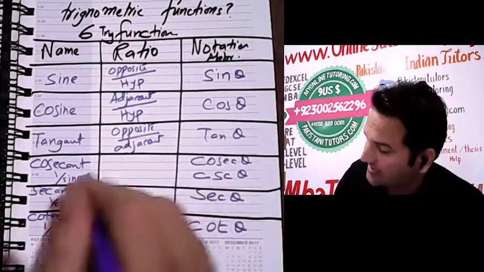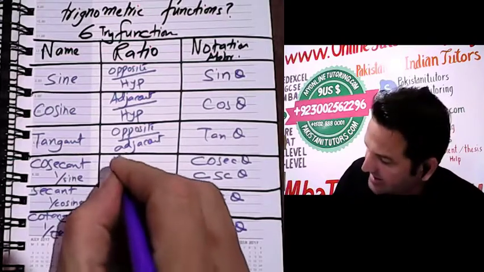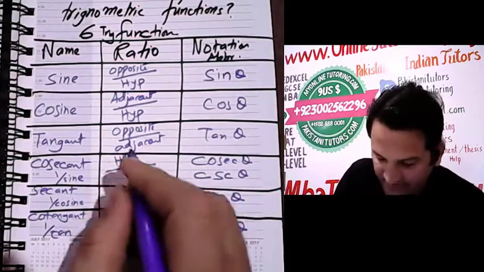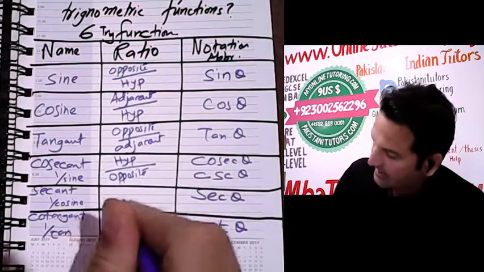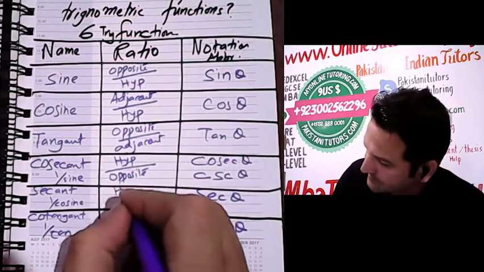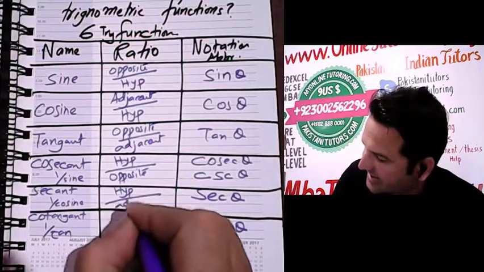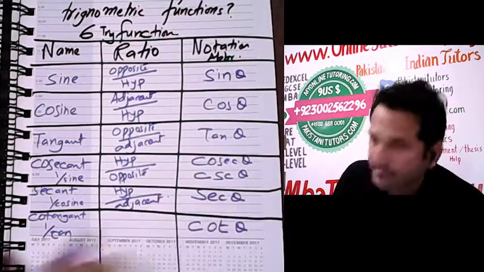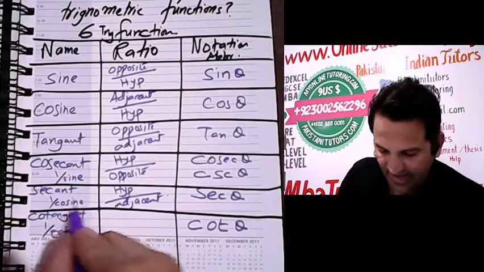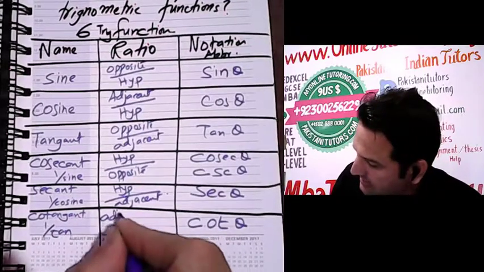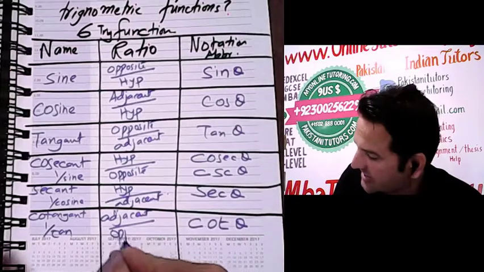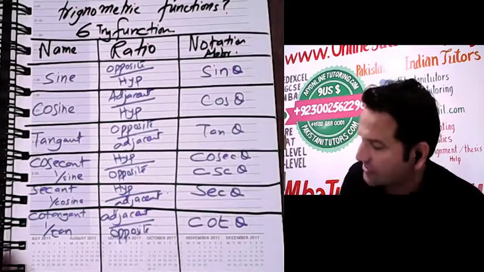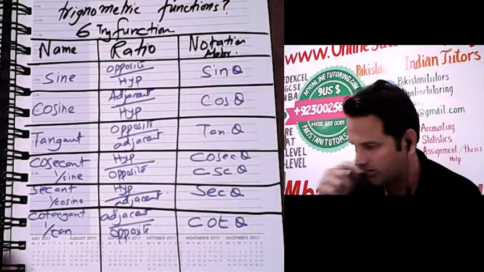For cosecant, we write hypotenuse divided by opposite. The fifth one, hypotenuse over adjacent, and the last, if adjacent over opposite is given, then we will use the cotangent.